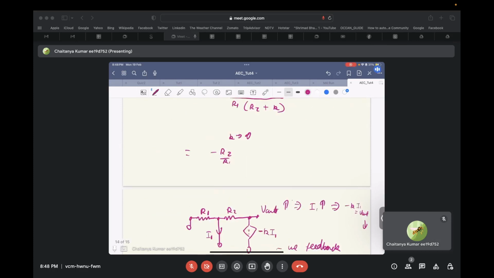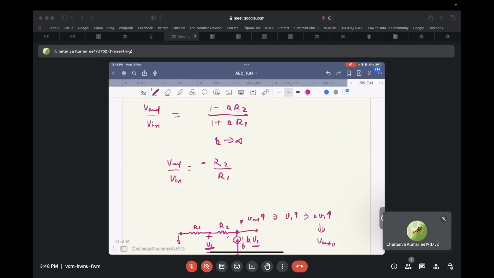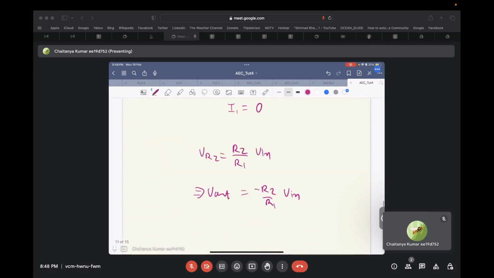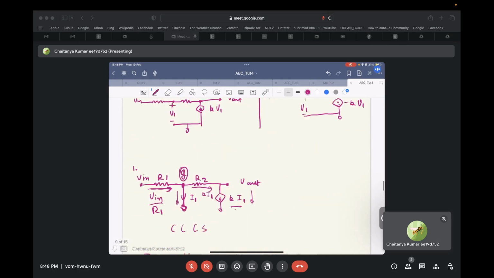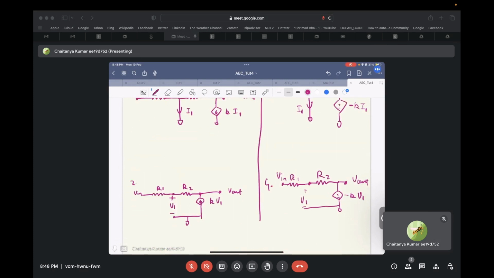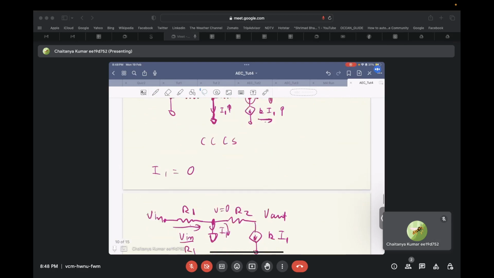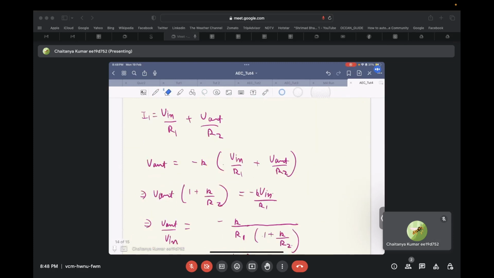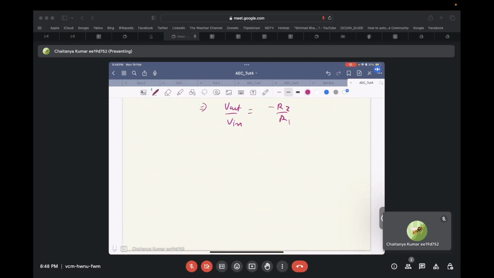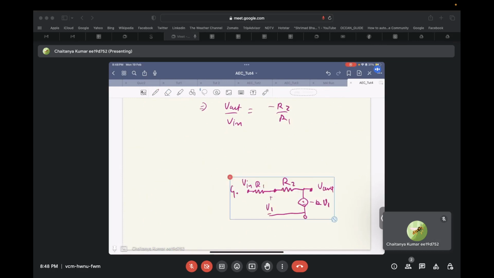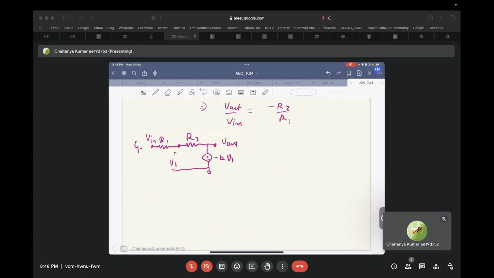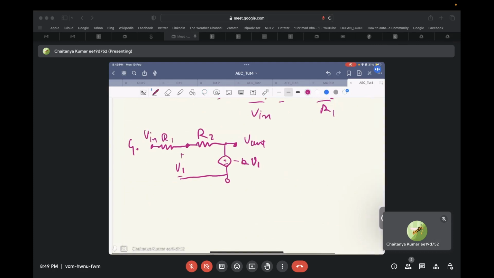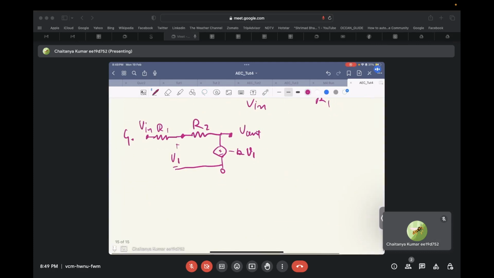Okay. Now let's take the fourth circuit. Over here we have a voltage controlled voltage source.